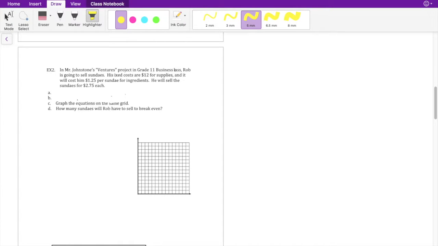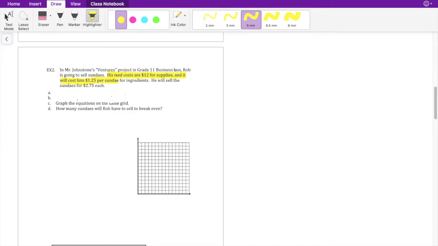Mr. Johnstone's venture project class in grade 11 business class, Rob is going to sell sundaes. His fixed cost is $12 for supplies, and it'll cost him $1.25 per sundae.